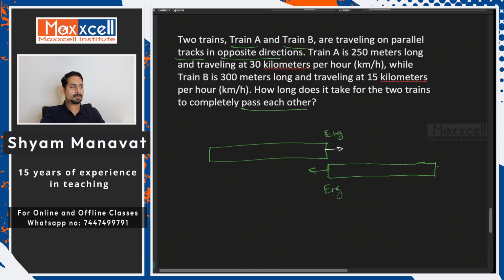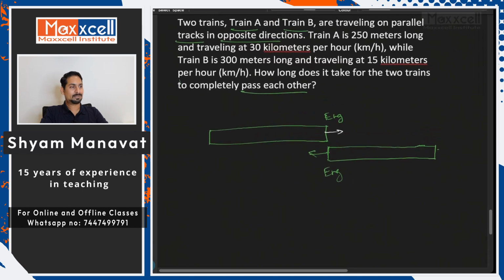Now, do I have to talk about the same thing, length of train is part of distance? I hope not. By now, I'm sure you are clear with this. So we'll only apply the relative speed formula and get it sorted. Do we have the same units? No, that's not the case. The length of train A and train B is given in meters, and the speed in both cases in kilometers per hour.